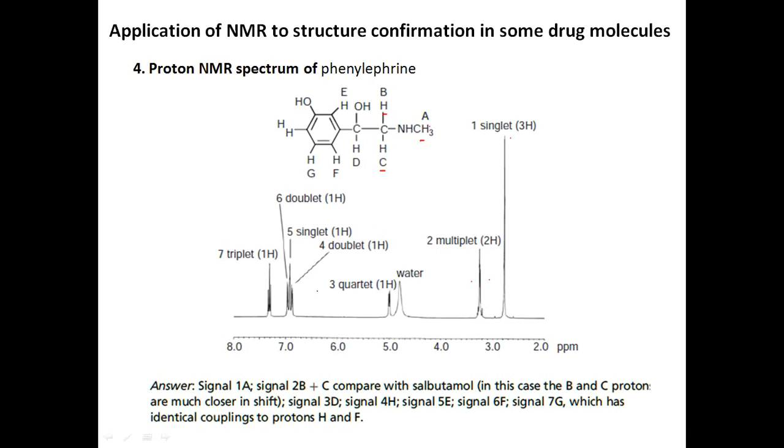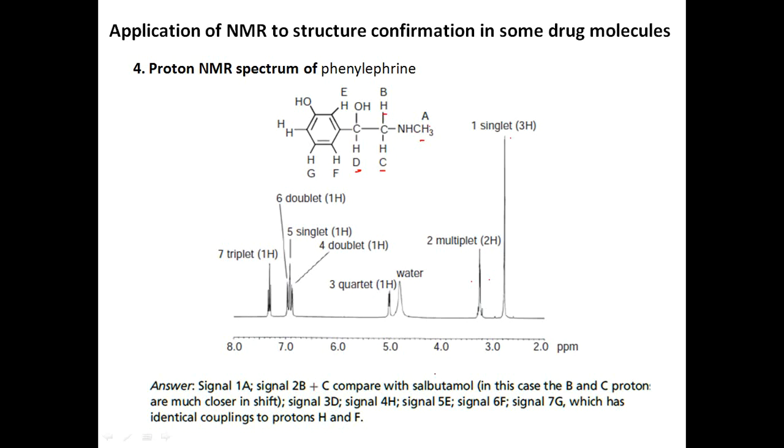The D proton, that is this particular proton, shows a triplet possibly because it interacts with 2 hydrogens, so it shows a triplet signal here.